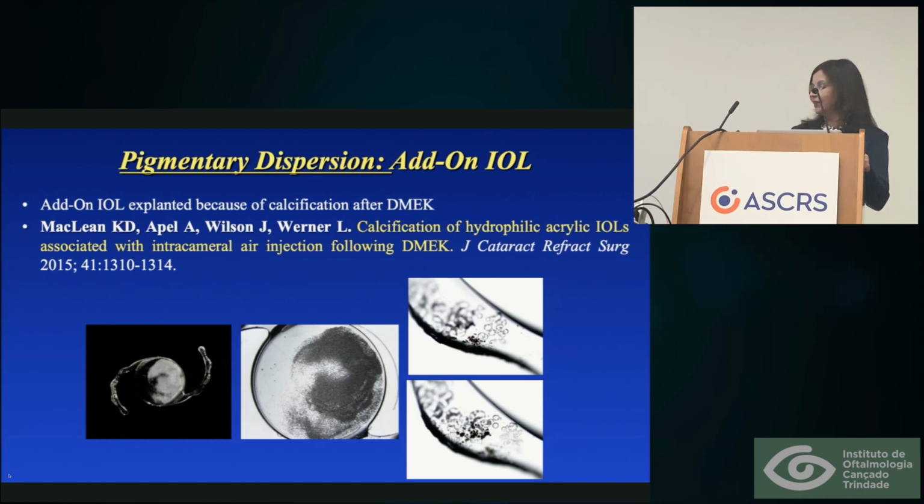What I want to highlight here is that when we look at the lens under the light microscope, you can see that there is some pigmentary dispersion in the haptics. So with add-on intraocular lenses, pigmentary dispersion is not going to be zero, and you can also have some dispersion during the surgical procedure itself. So just to highlight this fact.